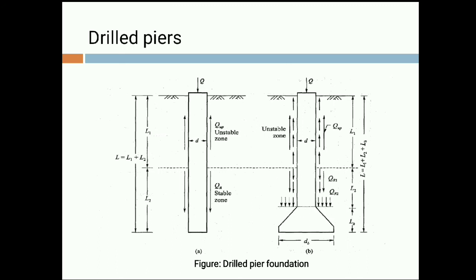In figure B, the pier is provided with a bulb at the bottom. Because of that, there will be an increase in the resistance, indicated by QR2, and the length will be LB.